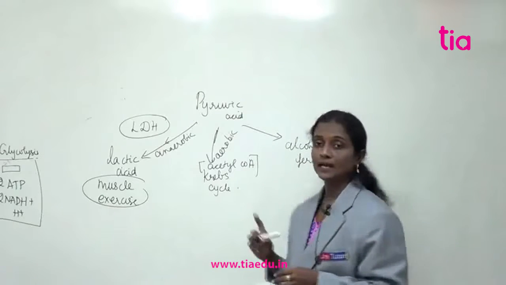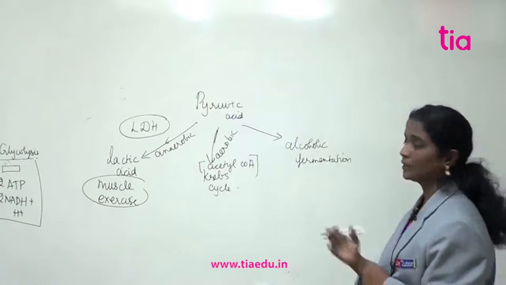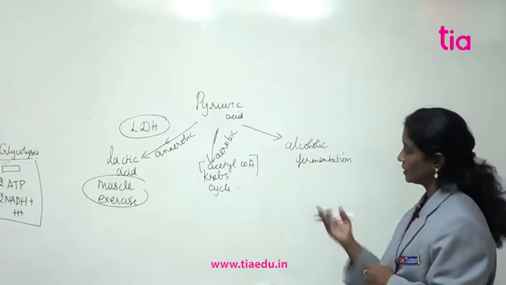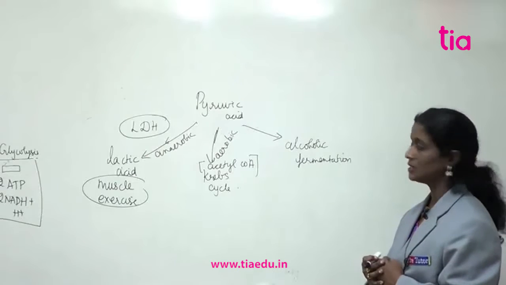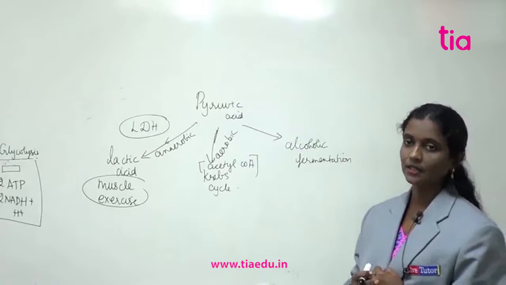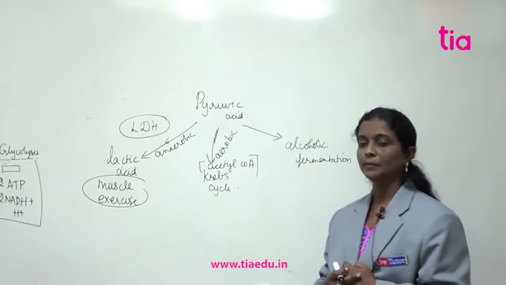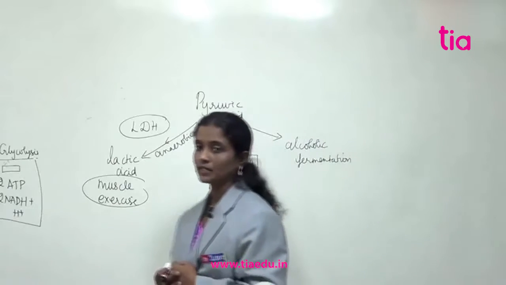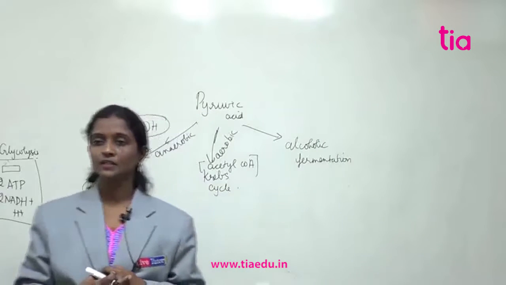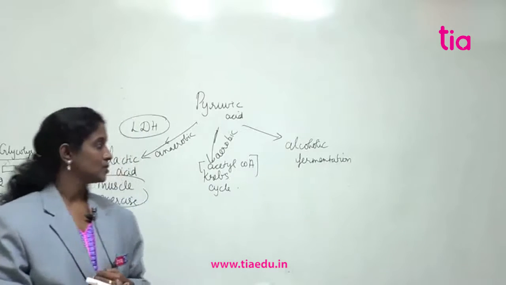In an anaerobic mode, it prefers lactic acid formation, and in an aerobic mode, it goes to Krebs cycle through acetyl-CoA formation, or if not, it can even proceed to alcoholic fermentation in alcoholic beverages, during wine making, beer making, and other fermented products wherein the pyruvic acid will be converted to alcohols.